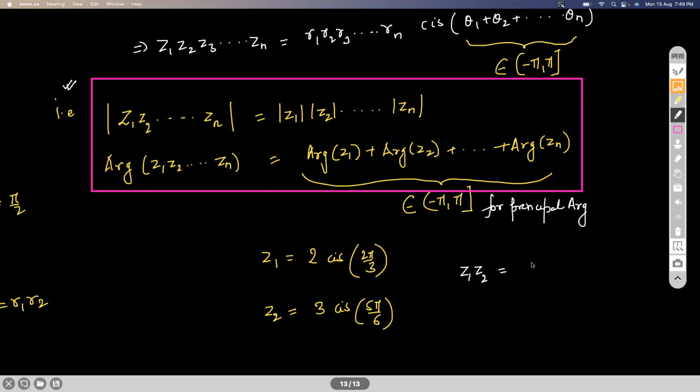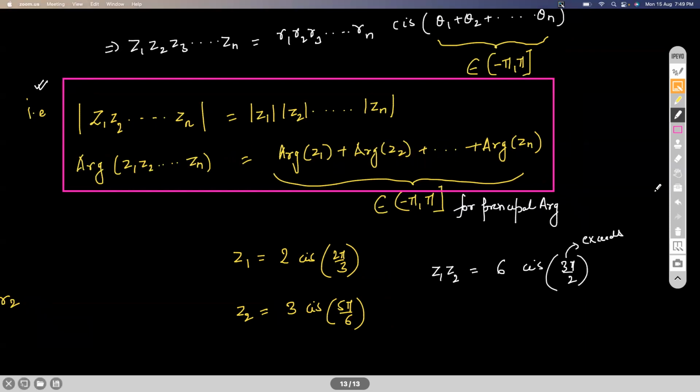You'll say 6 into cis. Now this is 120 degrees, this is 150 degrees. So it becomes 270 degrees, right? 3 pi by 2. But remember, 3 pi by 2 exceeds the interval minus pi to pi, isn't it? So I can't write this as my principal argument, because the principal argument must strictly be between minus pi to pi.